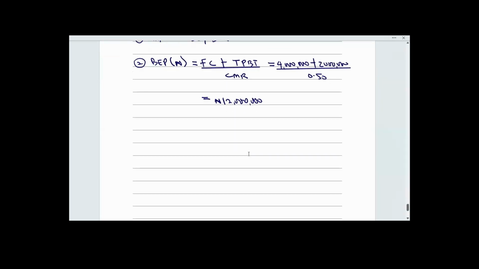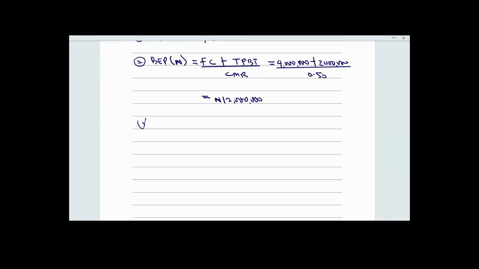Step 3 is sales mix. It's still the same sales mix, so we can skip this step 3. There's no need for you to write it out again.